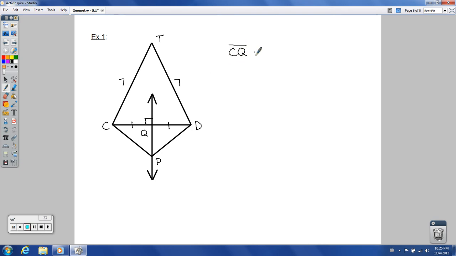So I'm going to say CQ is congruent to DQ. If I had to give a reason for that, I would just look at the picture and say that was given to me. That's just right there in the picture. Boom, boom. Those are congruent. What else is true? I can see in the picture that TC is 7. What else is 7? TD is also 7. So I can say that TC and TD are congruent to each other. That's given.